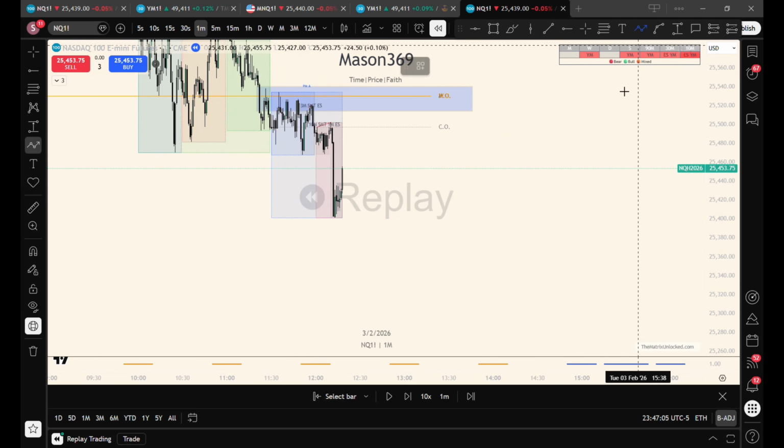Then before market open, right about here, I'm expecting price to continue up towards the London high, because of course we just purged the London low down here, but also the Asia high, which is still intact.